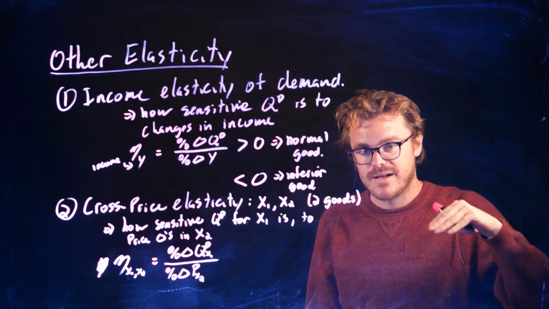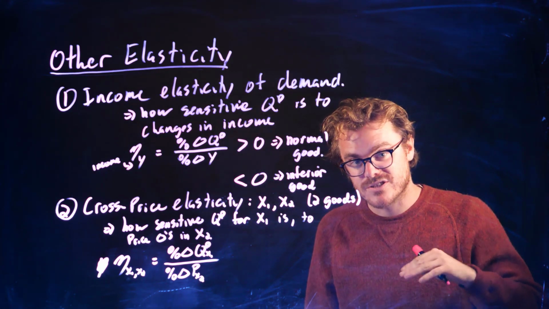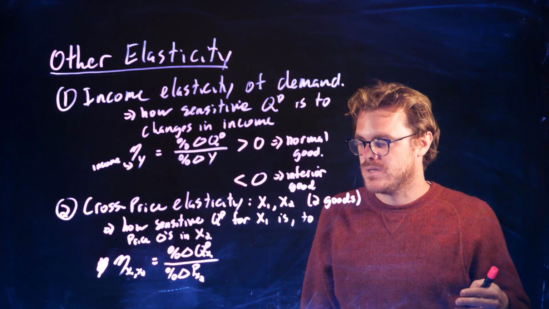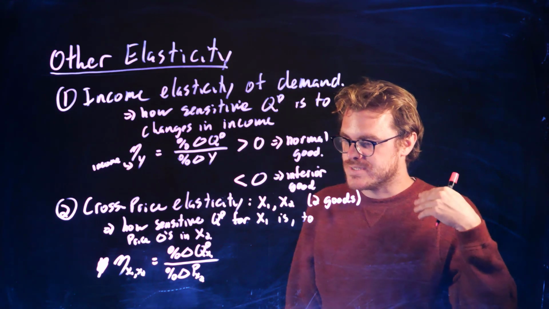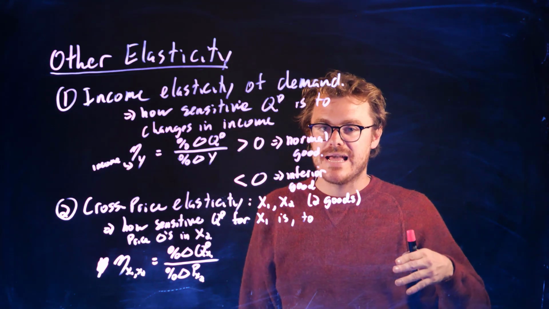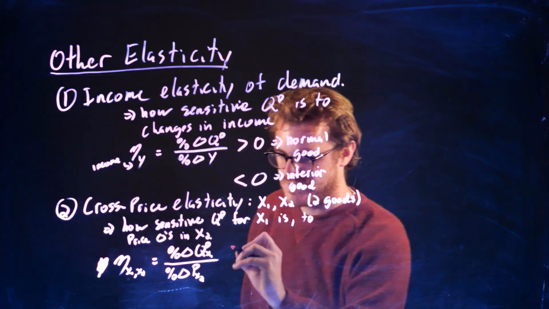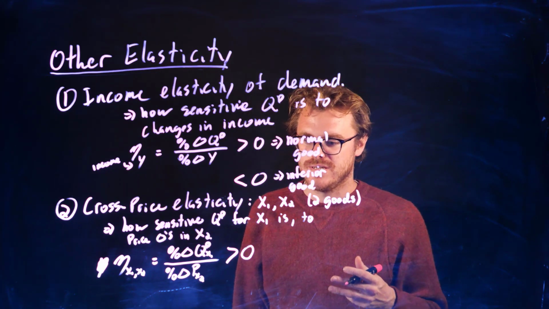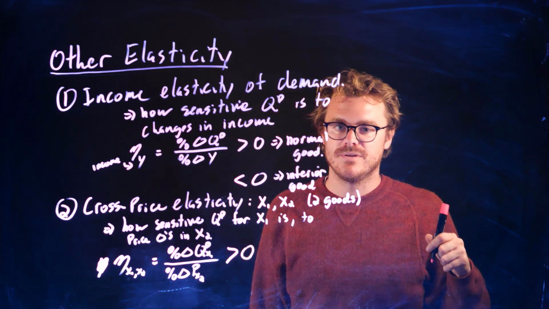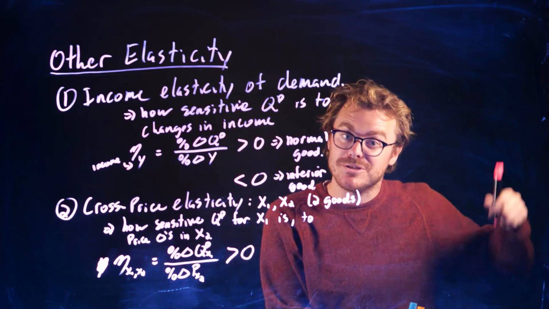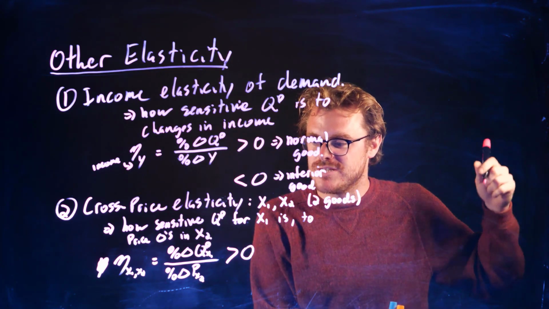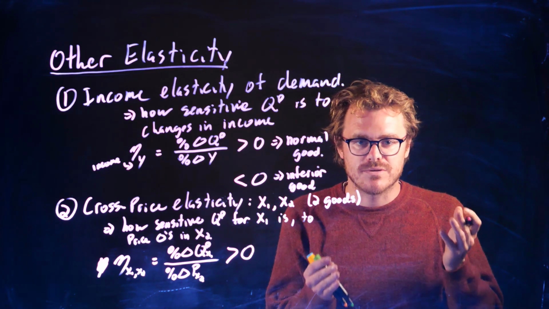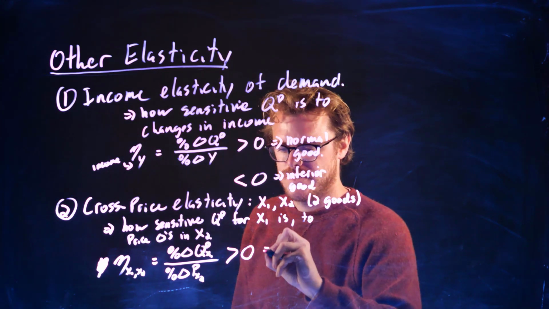So we're looking at the effect of the price of X2 on the quantity demanded of X1. If the price of good 2 goes up and the quantity demanded of X1 goes up, so if this is greater than 0, that's going to mean they're substitutes, because the price of the other good goes up, which means the price of a substitute goes up, and the quantity demanded of our good X1 goes up. Remember, that was the relationship for substitutes.